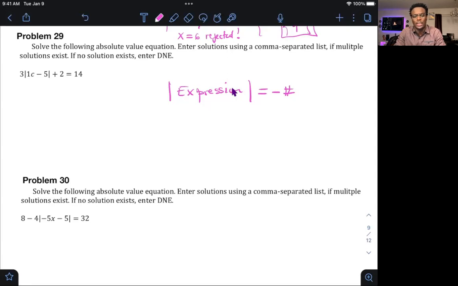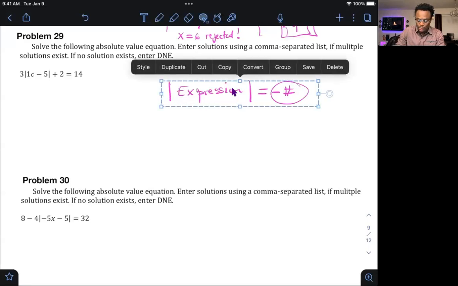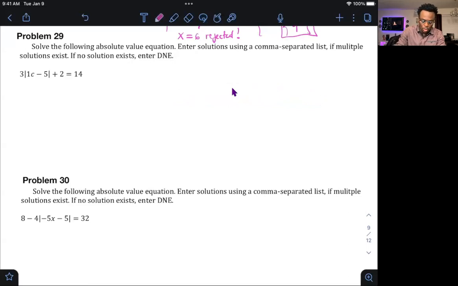That equation will not have a solution, because by definition, the result of the absolute value must be non-negative. Well, you can solve and find a negative answer for your variable, but once the absolute value of an expression is equal by itself to a negative number, then this equation has no solution. Keep that in mind.